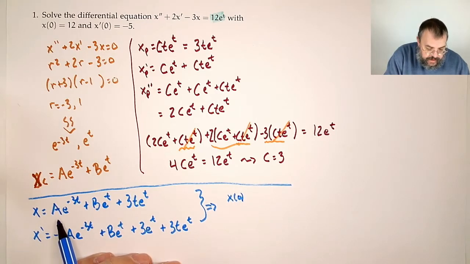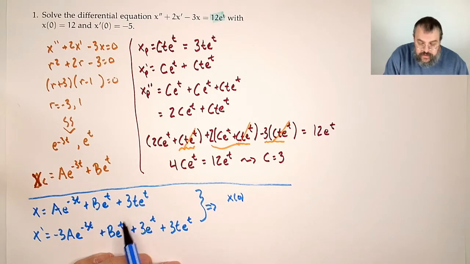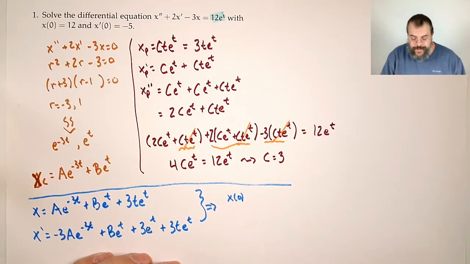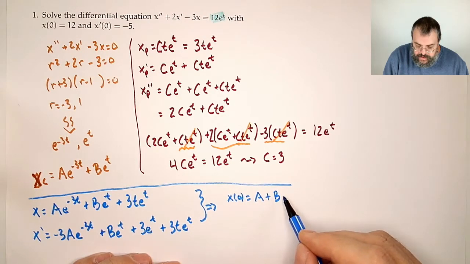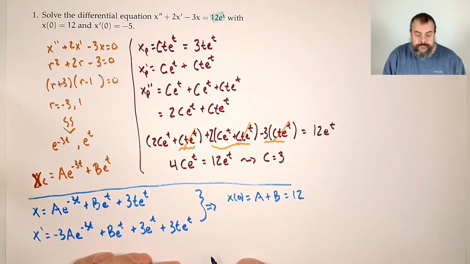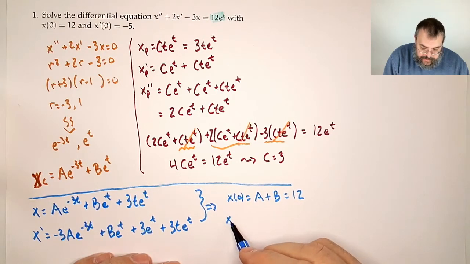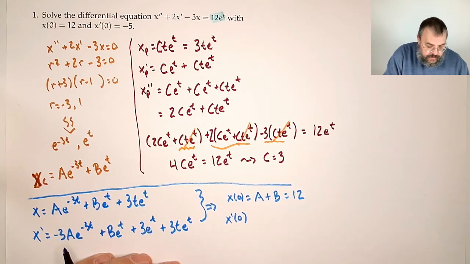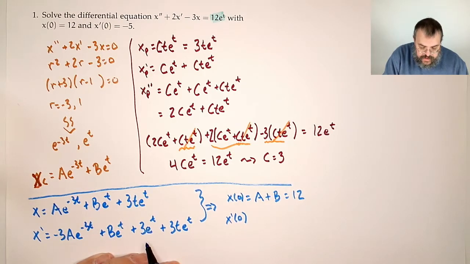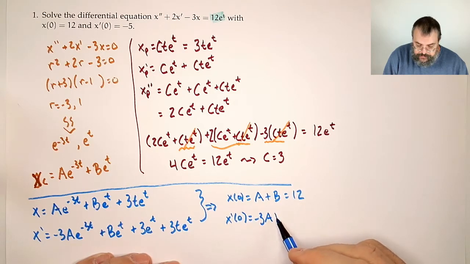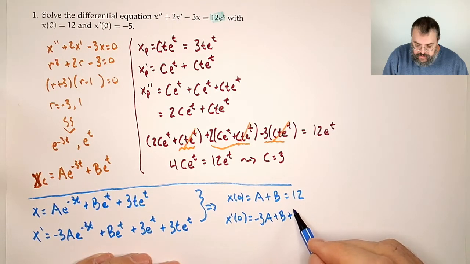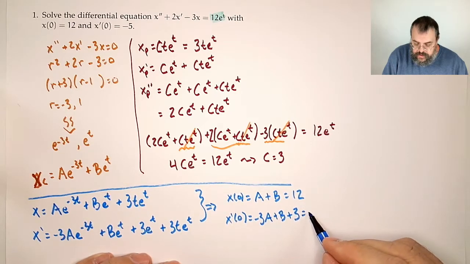Well, we're going to get a, b, 0, because e to the 0 is always 1, and then that t makes that term 0. So x of 0 is a plus b, but that needs to equal 12. X prime of 0 is minus 3a plus b plus 3 plus 0. So that's minus 3a plus b plus 3, but that needs to equal negative 5.